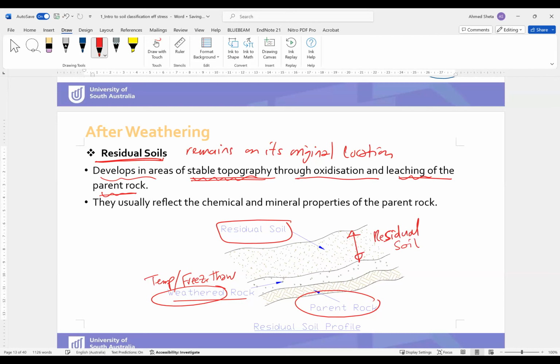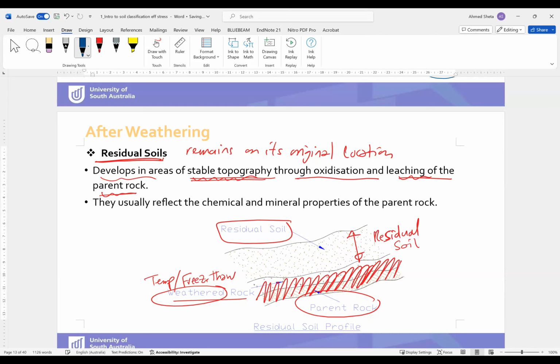Okay, so this is our rock already, and the top part of this rock, because it's still remaining in the same place, is called residual soil.